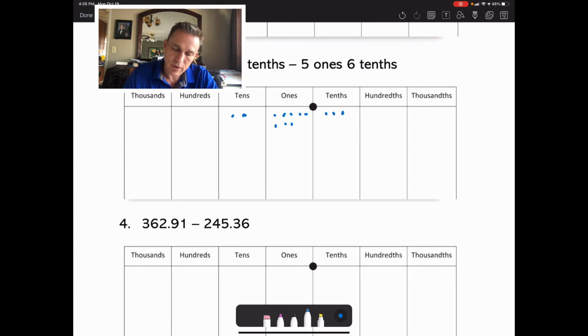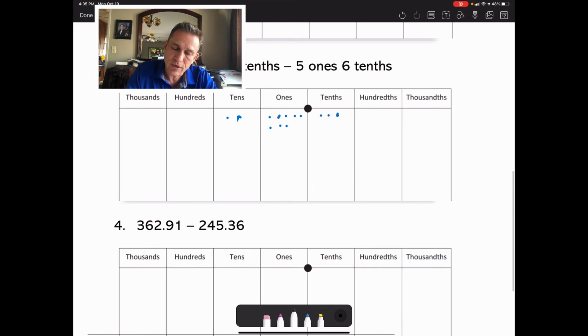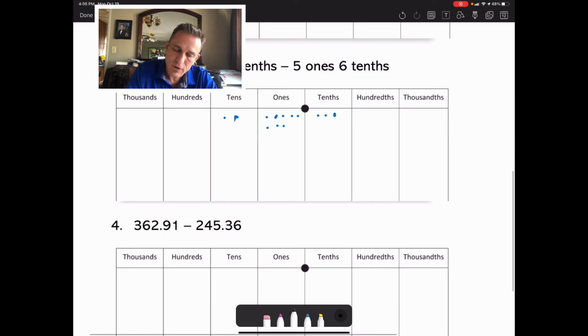All right, and we're going to take away 5 ones and 6 tenths. So I'm going to start with the smallest place value first. I'm going to take away 6 tenths. And as you can see, I do not have enough tenths. I only have 3 tenths.